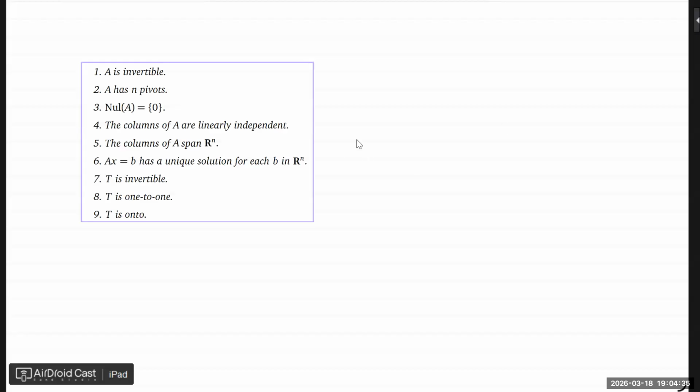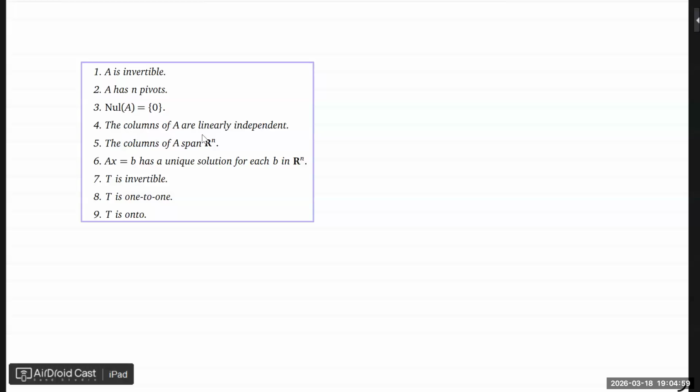So if a matrix is invertible, then A is the first one. A is invertible. A has n pivot points, so it must be an n by n matrix. So there will be n pivot points, meaning there is no free variable. Then the null space, we will talk about that. Null space is null.